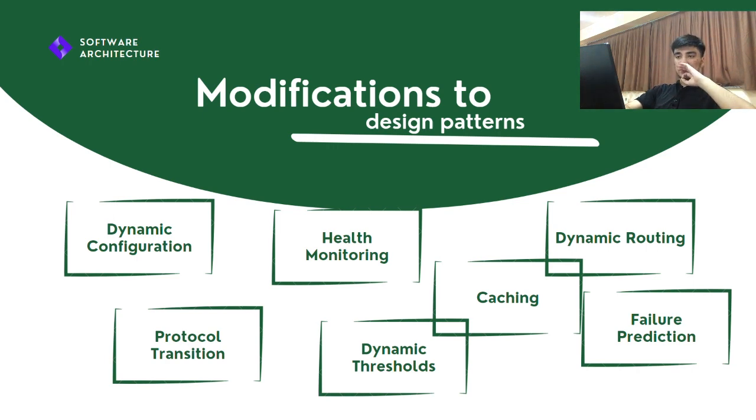To optimize gateway pattern effectiveness in supporting microservice architecture, several modifications can be considered. First, there are dynamic routing, protocol translation, and caching. So dynamic routing is implementing routing within the gateway pattern that will enable flexible routing of client requests to the appropriate microservice instances based on runtime conditions or client-specific attributes.